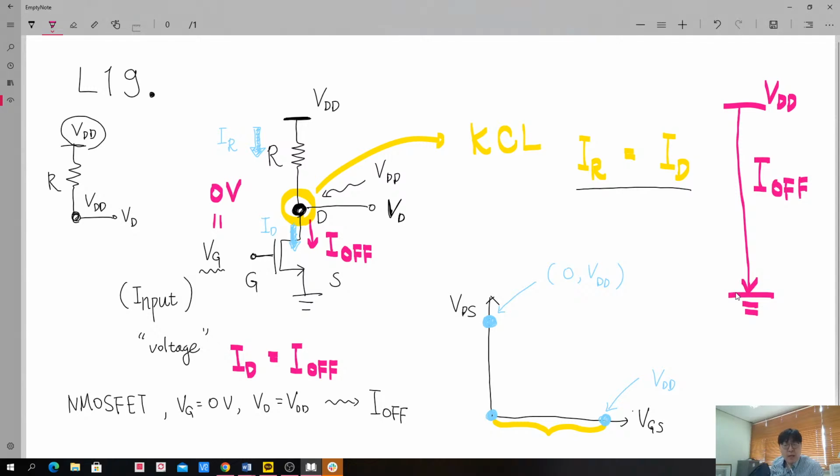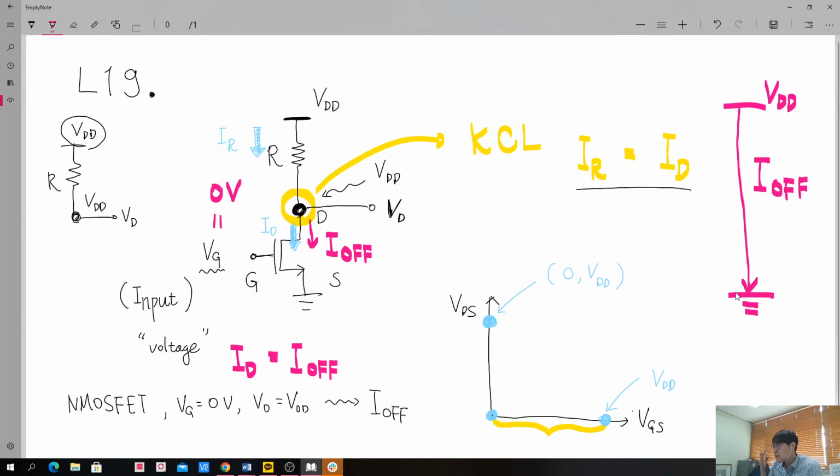You know that I sometimes give you homework problems about calculating the power dissipation by a certain circuit element. The answer was always simple: multiply the voltage difference and the current flowing through that circuit element.